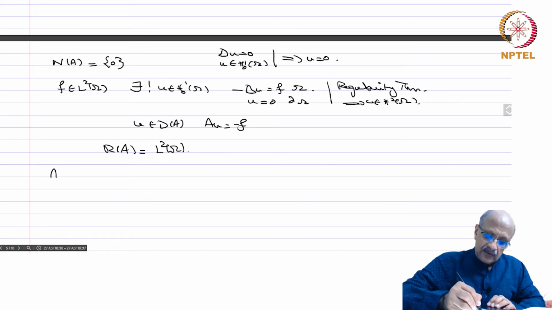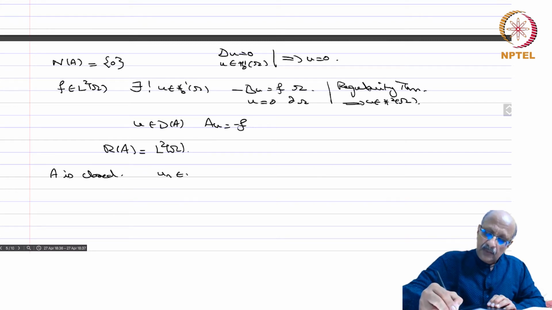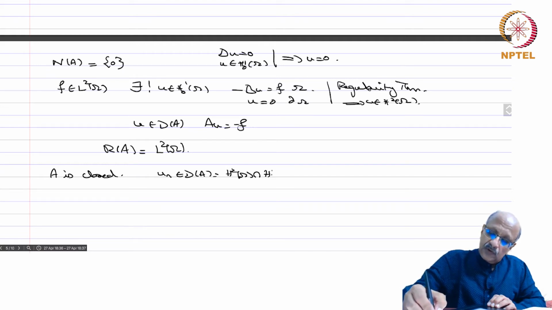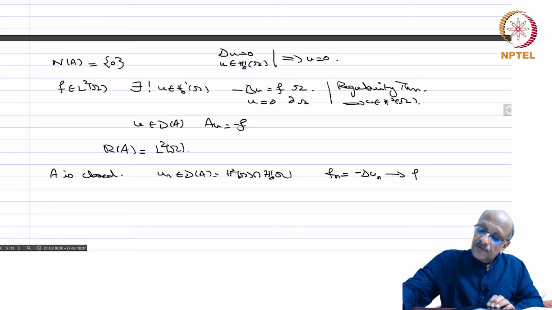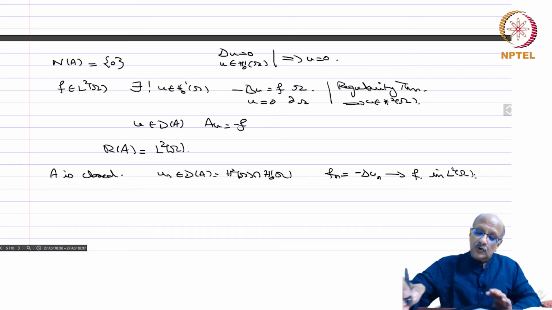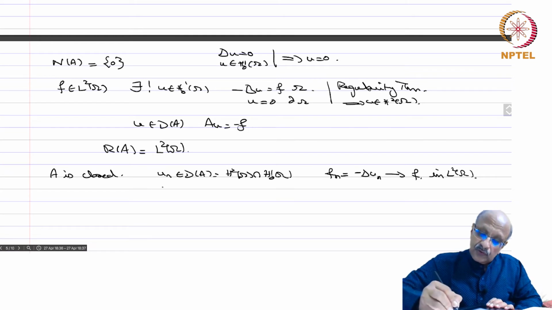So now A is again closed, so we have to show this. So un belongs to D of A, which is equal to H2 of omega intersection H1 0 of omega. So let fn equal minus Laplacian un, which goes to f in L2 of omega. We want to show that un goes to u in L2 of omega.